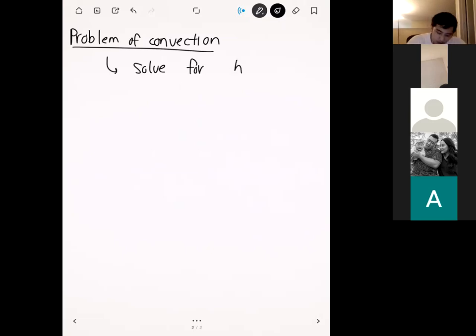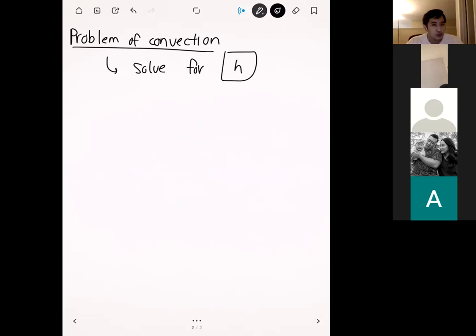Remember, h here is our convection coefficient, because once we have the convection coefficient, then we know how to take it from there. We can either use thermal circuits, which I think is probably the easiest way, but we can also use it with the heat equation, stuff like that.